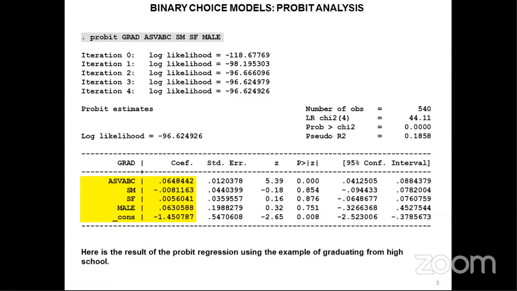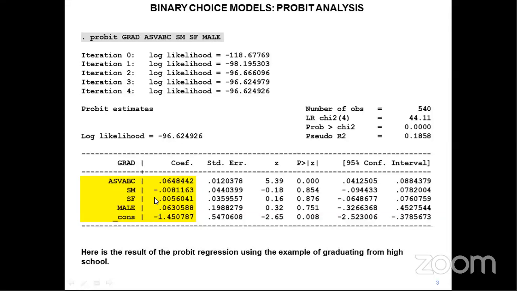The mother's education has a negative effect on graduation, meaning one additional year of mother's education leads to a decrease in the graduation of that student, whereas the father's education has a positive effect. Being a male, he is more likely to graduate compared to the female.